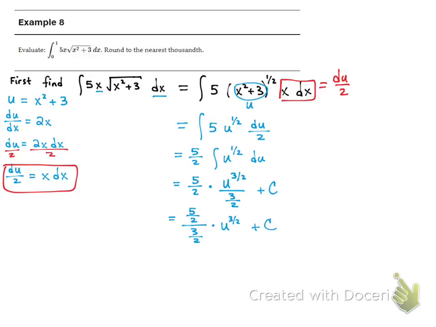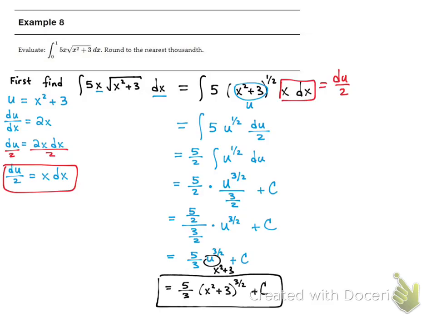So that will just be 5/2 times 2/3, which would just give me 5/3. Now I can substitute back in the value of u with respect to x. So I now replace the u with my x squared plus 3. And so I get this as my indefinite integral.